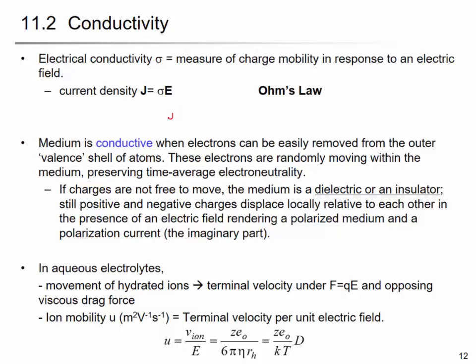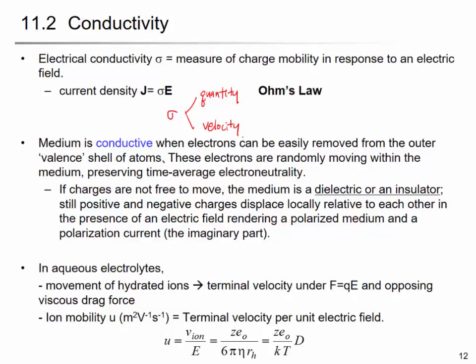So the sigma, you can think of the quantity, and I think the velocity. And the medium is conductive when the electrons can be easily removed from the outer valence shell of the atom.